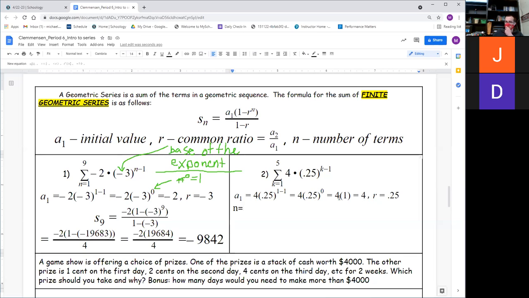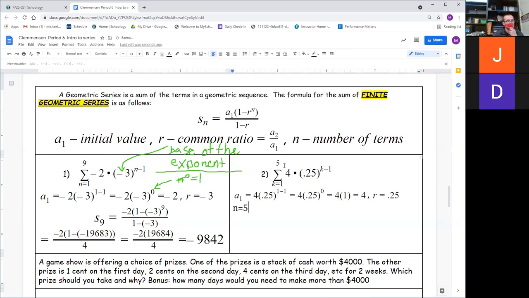What's my upper limit for this problem? So that's my lower limit. The 1 is my lower limit. It's my upper limit. Perfect. So my n equals 5 in this problem.